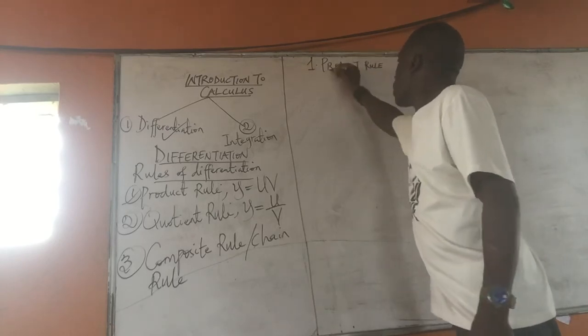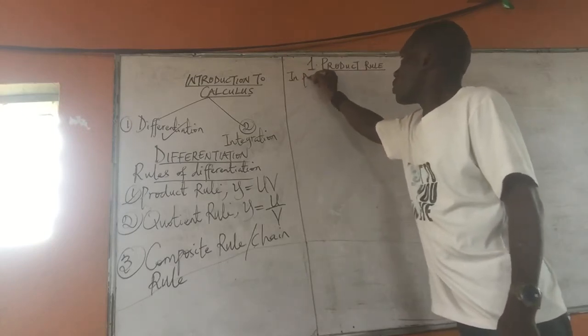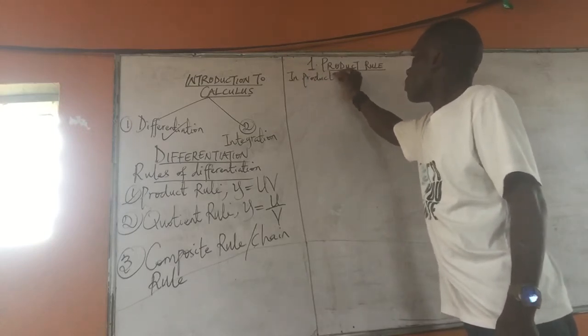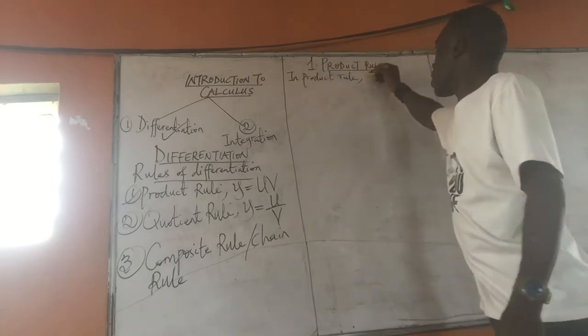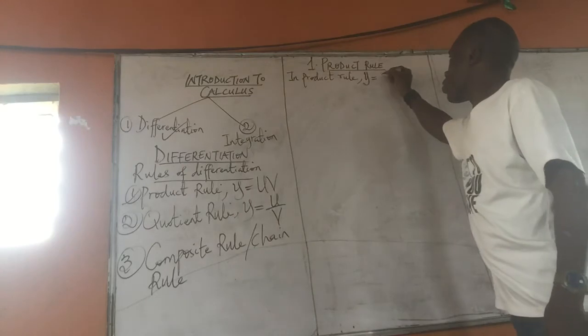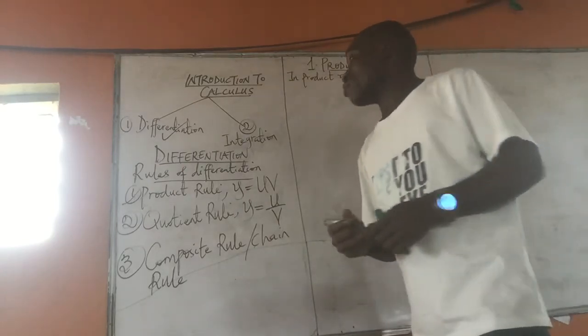Product rule. Now in the product rule, like I said from the beginning, we have y equal to uv. A good example is going to be taken on this.